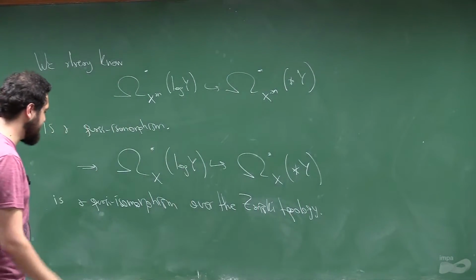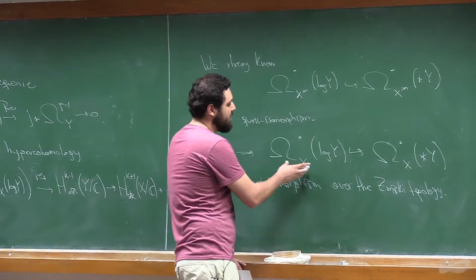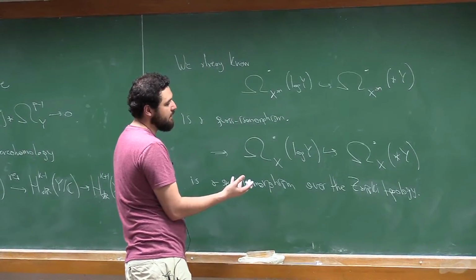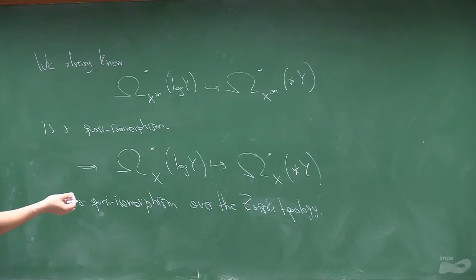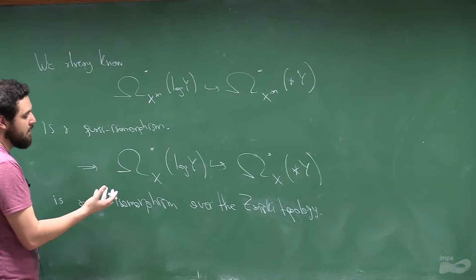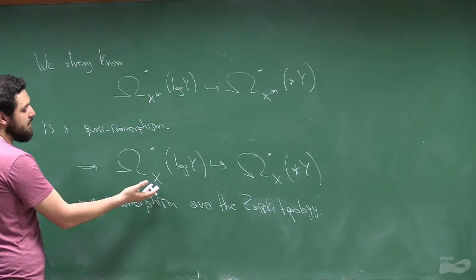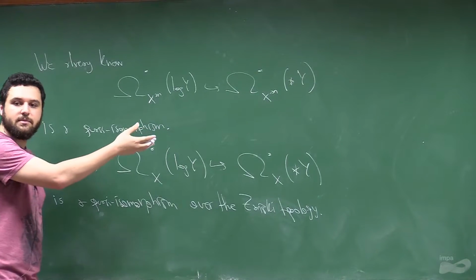Right. I mean you can see this just by looking at the cohomology sheaves: when you take the map between the cohomology sheaves and look at the stalk, and then take the tensor product with the module of holomorphic forms, holomorphic functions defined over the ring of regular functions, it will give you a map that is an isomorphism, right?